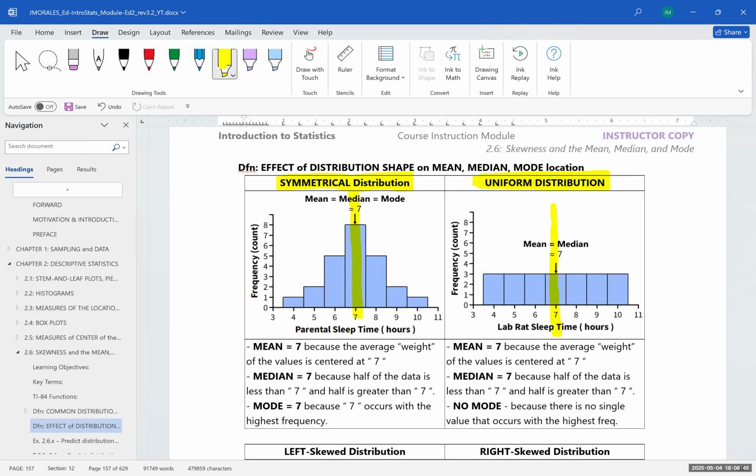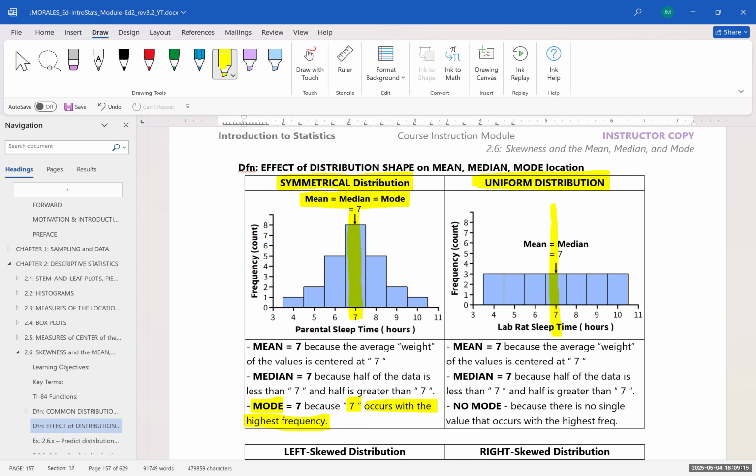But anytime you've got a symmetrical distribution, what you'll notice is that the mean, median, and mode will be equal or approximately equal to each other. They'll basically all fall on the line of symmetry. So in case you don't remember, the mode is the value that occurs with the highest frequency.